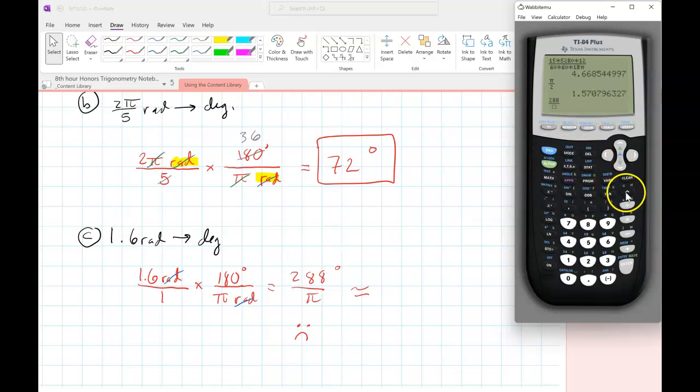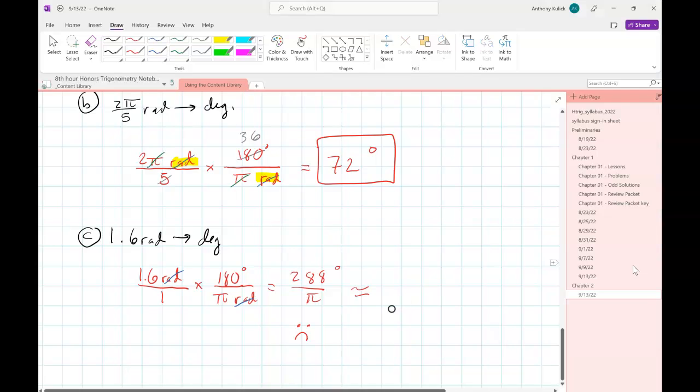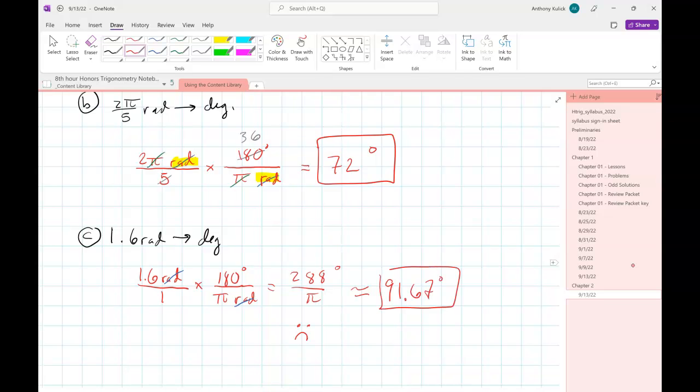Why is the approximation here more meaningful than the approximation when the answer was in radians? Because if I tell you that it's a 91.67 degree angle, you would know intuitively what that looks like.